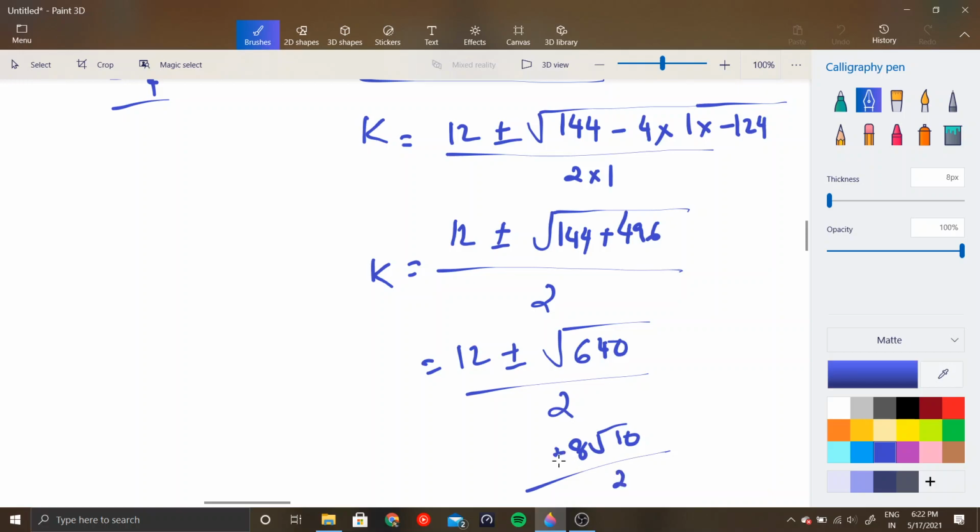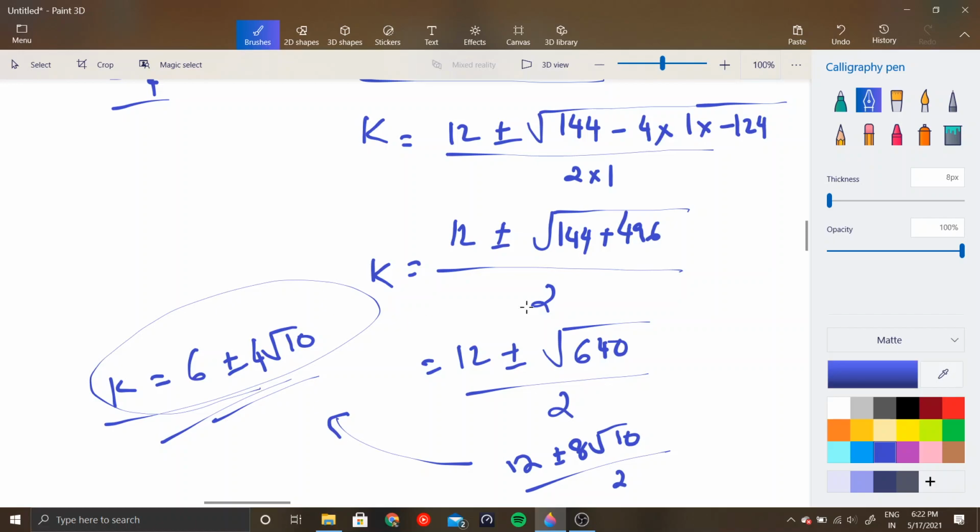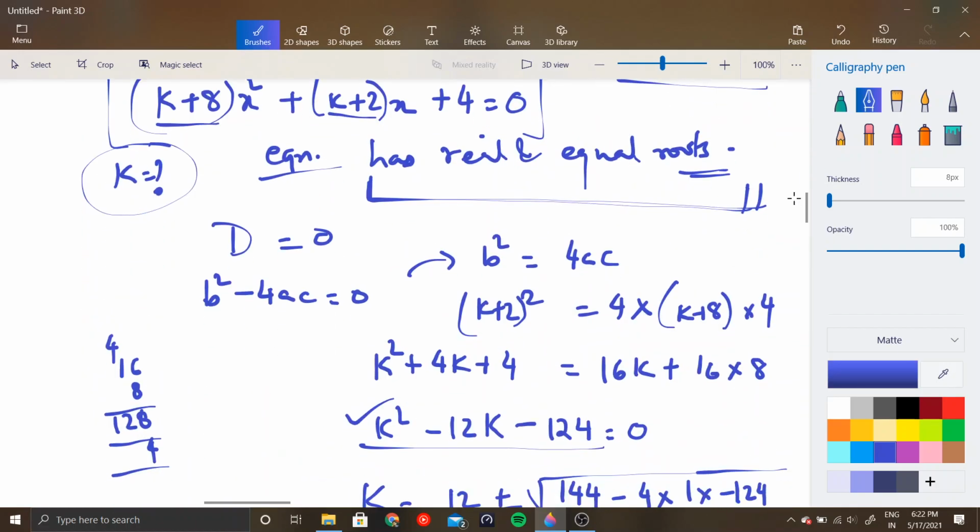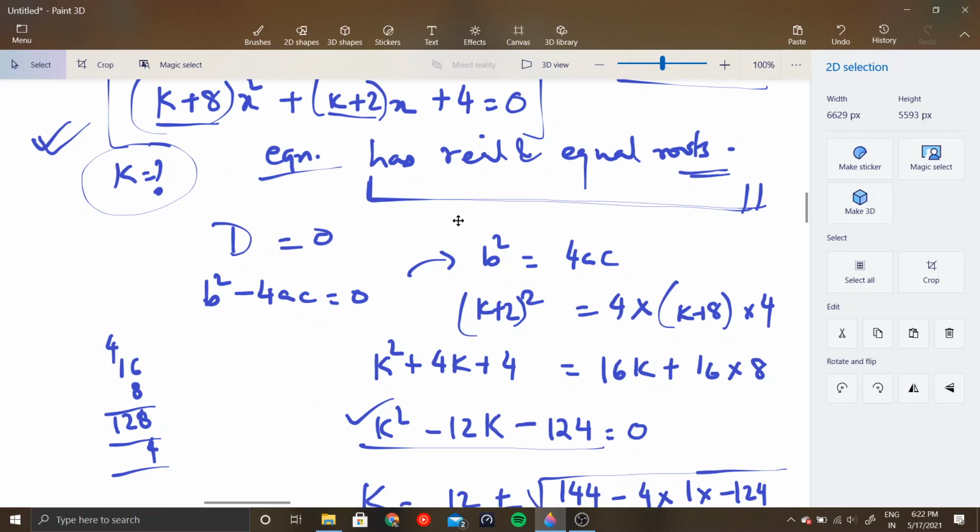So 12 plus minus 8 root 10 by 2, right? So you can just keep this, or you can just simplify. I will just say k is 6 plus minus 4 root 10, right? For this value of k, the equation has real and equal roots, correct? Okay, we have basically solved the sum. Let's look at one more sum of this type.